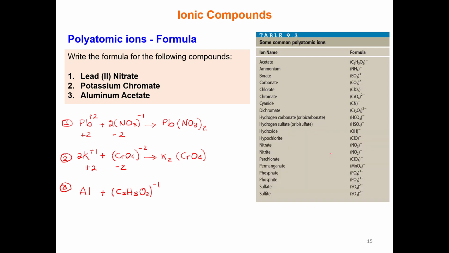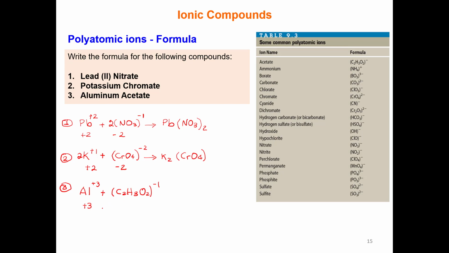Then we will write here +3. Now the next thing we want to check is if we have a neutral compound. Here, in the case of the positive ion, we had +3. But in the case of the polyatomic ion, we had -1.